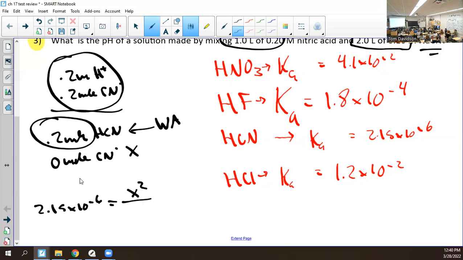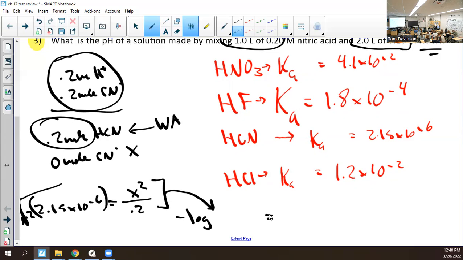I guess I should circle that part. Yeah. So I multiply this by 0.2, take the square root of it, and take the negative log of all of this. And what do I get? 3.2. Thumbs up.